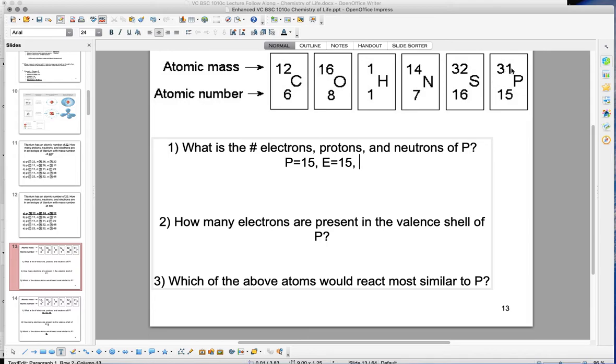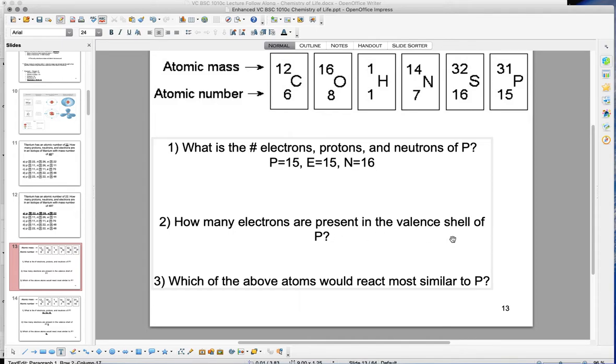Because remember, 31 is our atomic mass, and that tells us our protons plus neutrons. And if we know that our protons are 15, that we extracted from the atomic number, we just take 31 minus 15, and then our neutrons equal 16. Okay, so hopefully that makes sense.